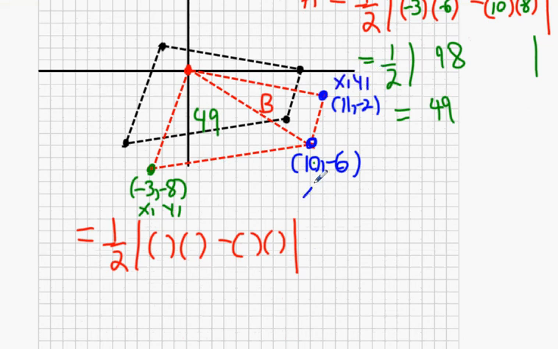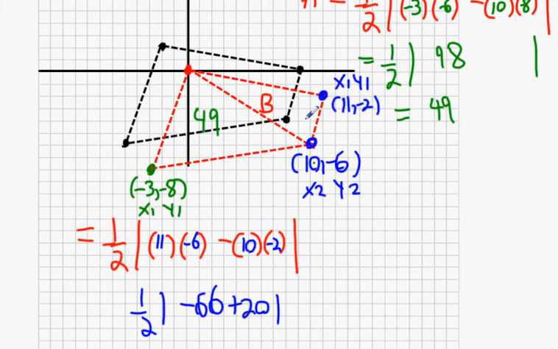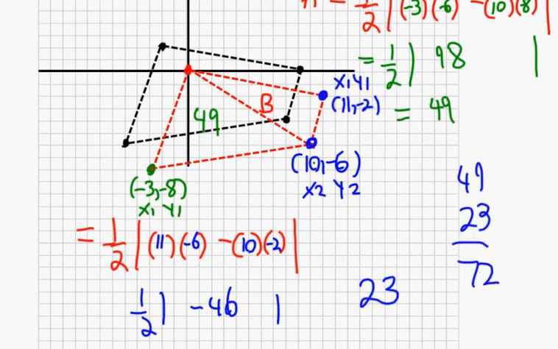Then x2, y2, okay. So, x1, y2. And then the other one? 10, minus 2. Put it in: a half of minus 66 plus 20, which is minus 46. And what's half of minus 46? The modulus doesn't matter, so it's 23. Yeah, you're right. 23 plus your 49? 72. Okay, how many people got that out?